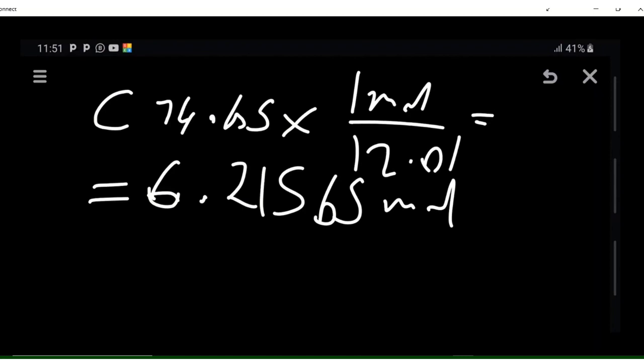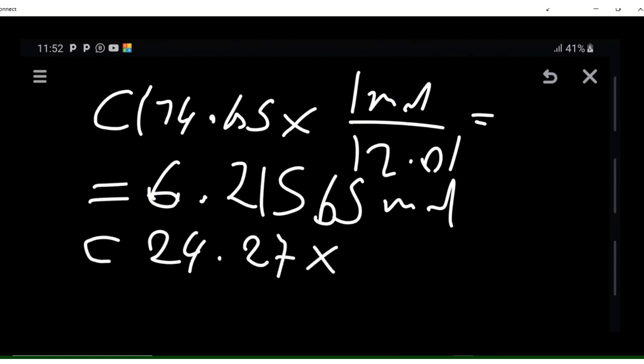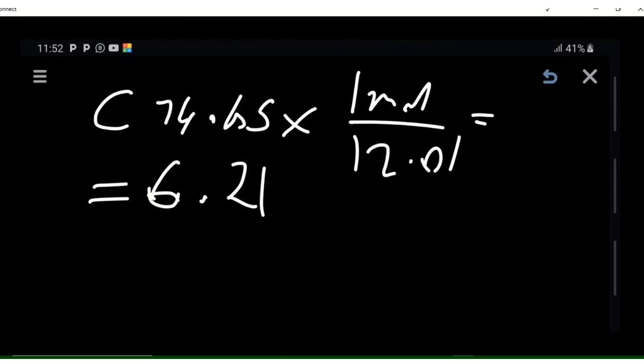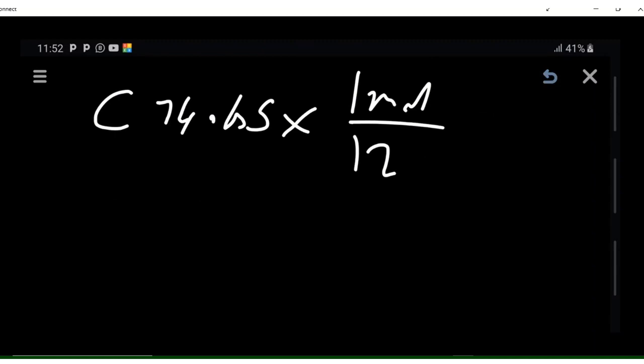Oh sorry, this is not carbon, it's chlorine. We have chlorine and carbon. This is the carbon now, we have 24.27. I've missed the masses here. If it's chlorine, we don't need that 12.01.